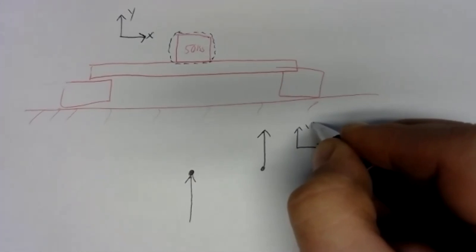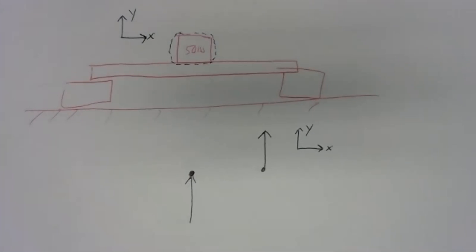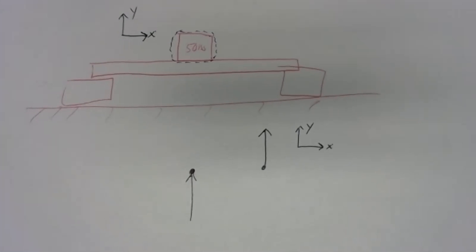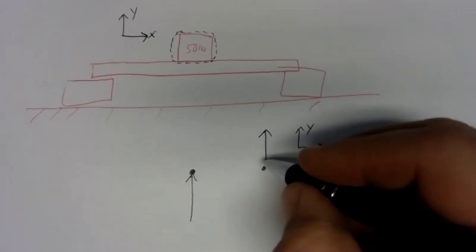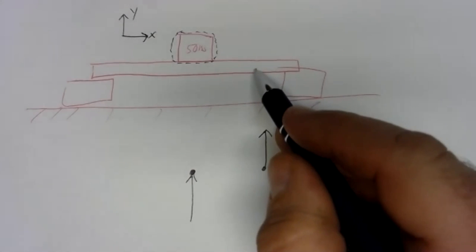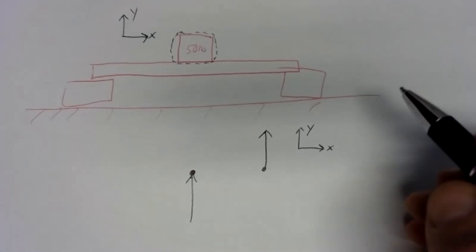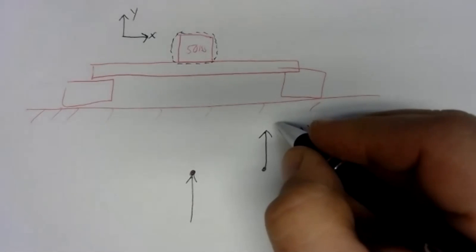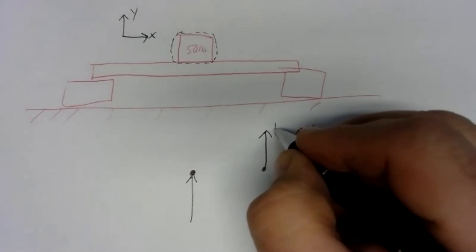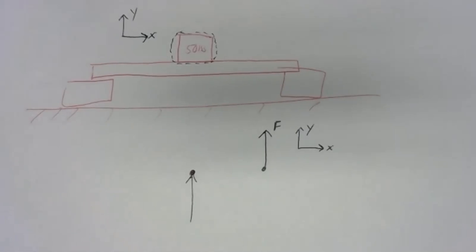So I've got my X and Y. So the first step in solving this problem is going to be to draw a free body diagram and define a coordinate system. Now, I don't know yet how much force this beam is pushing up on that 50-pound weight with, but I have a pretty good guess, but I'm just going to label this as an unknown. I'm going to label this as a force F.